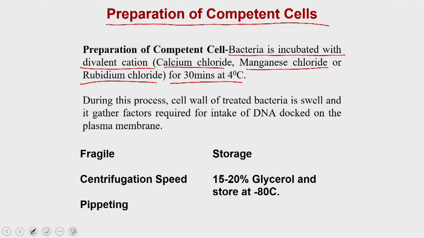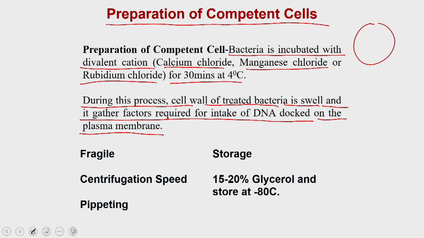What happens when you treat the cells with the divalent cation is that this treatment makes the cell wall swell. So, it brings some kind of flexibility in the cell wall, and on the other hand it also gathers the factors which are required for the intake of DNA which is docked onto the plasma membrane. So, it is actually doing two things.